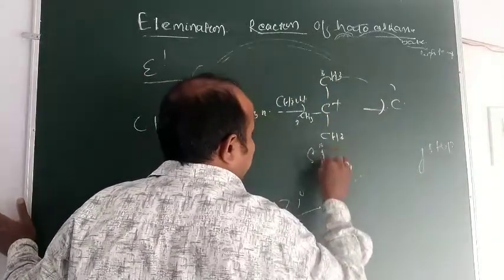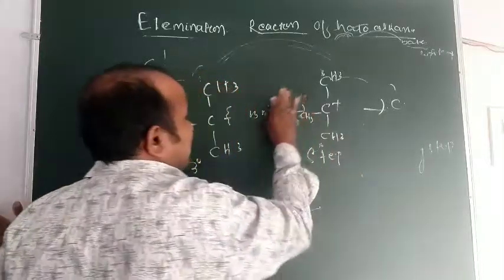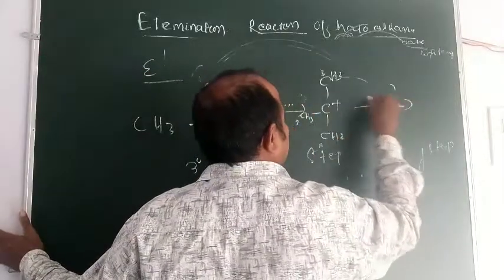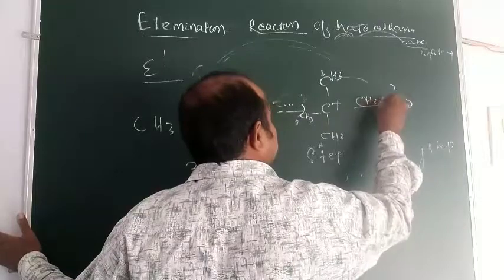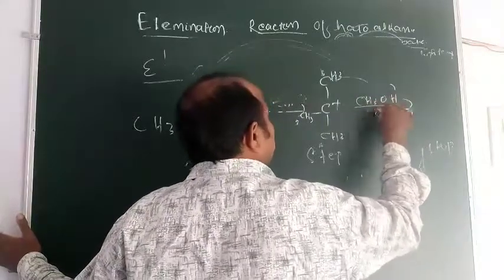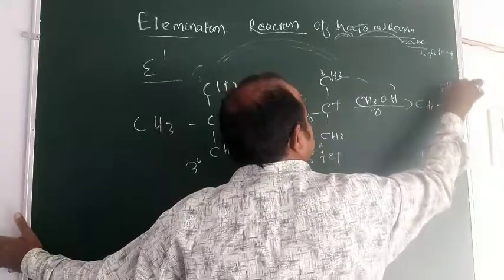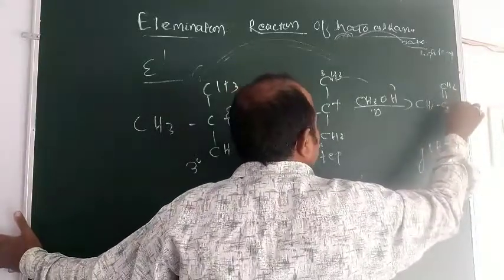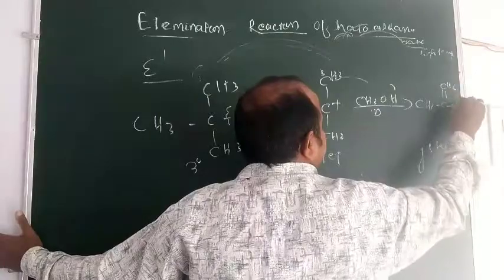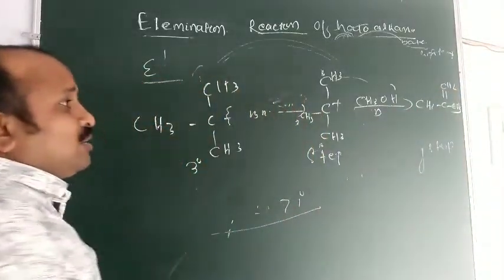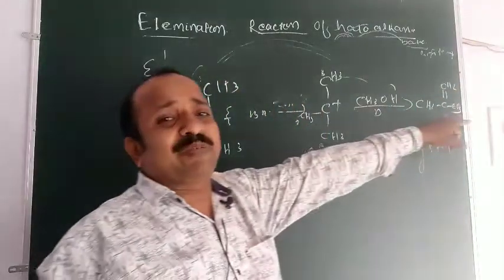This is step 1. In the second step, in the presence of weak base with heat, CH3C(=CH2)CH3, that is 2-methylpropene, is formed.